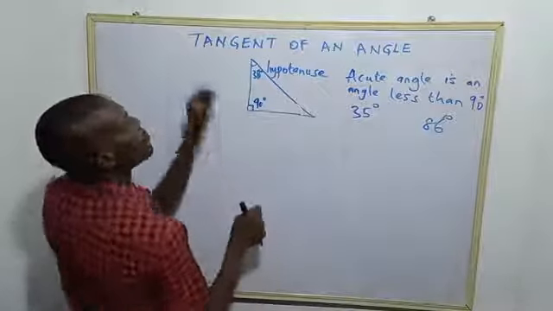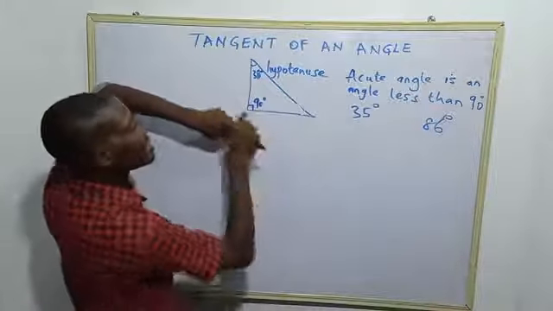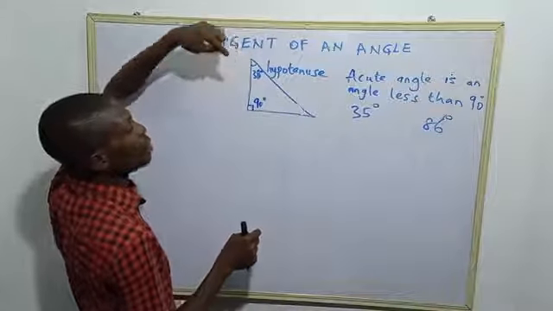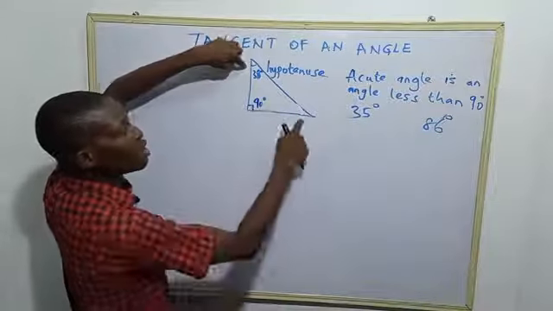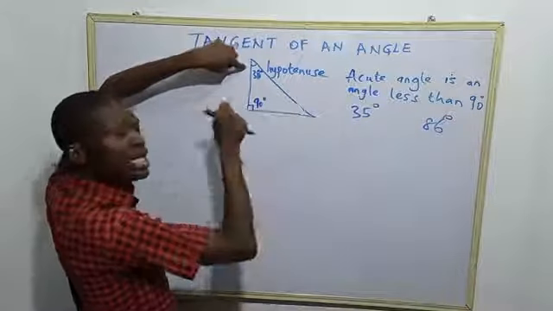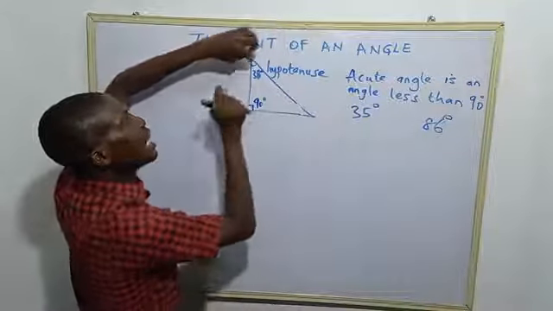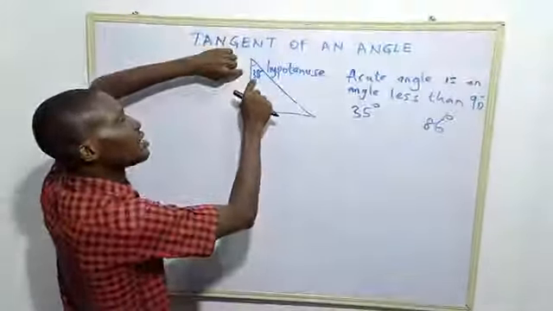Having known that, the side that is facing your acute angle, the one that is given, you know this is an acute angle and this also is an acute angle, but the one that the examiner has given you the value for, whether given or represented with something, they can use x here.